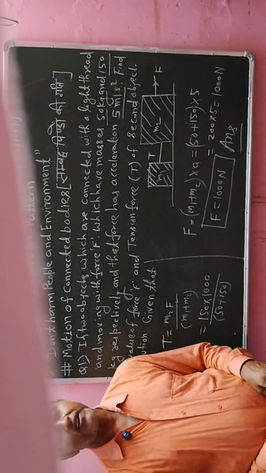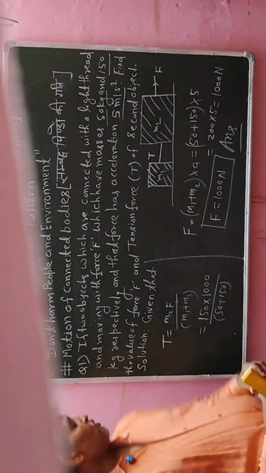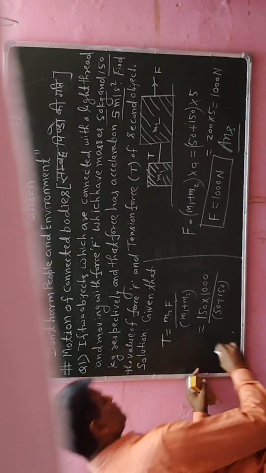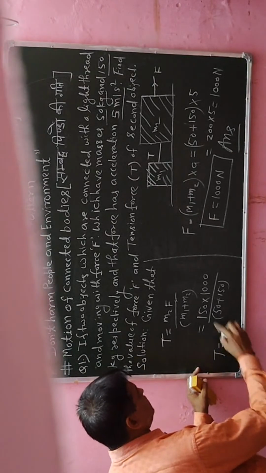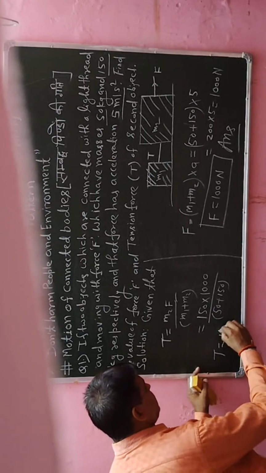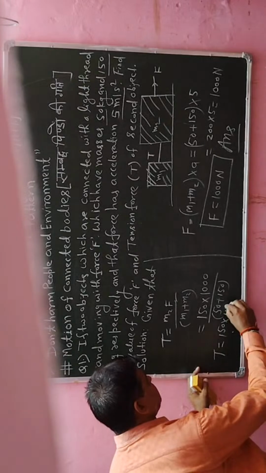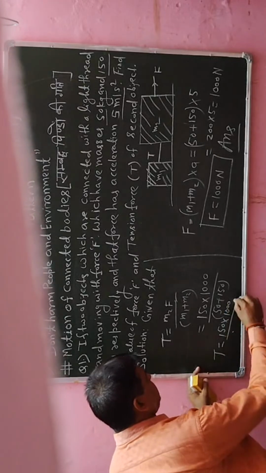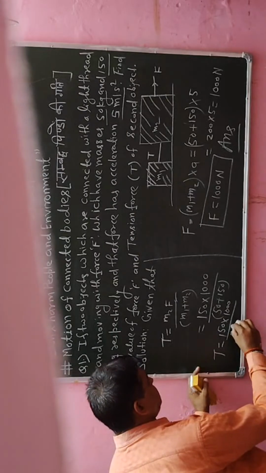Okay students, so I hope that you are understanding all this information positively. Now we have to also write its concept. T is equal to 150 into 1000 divided by 150 plus 50, that is 200.